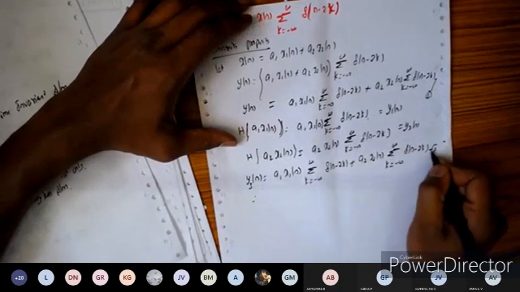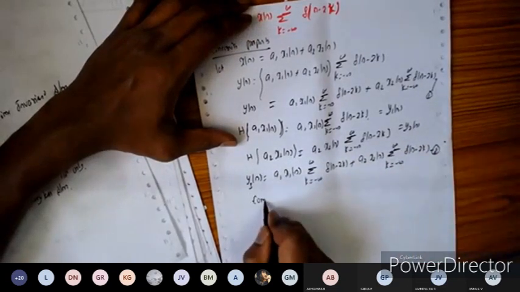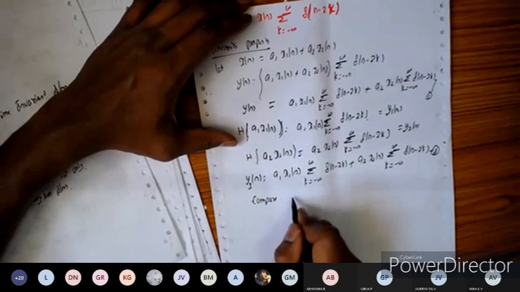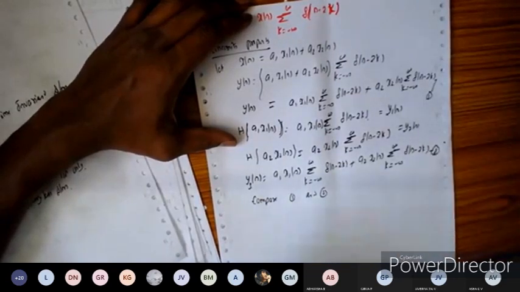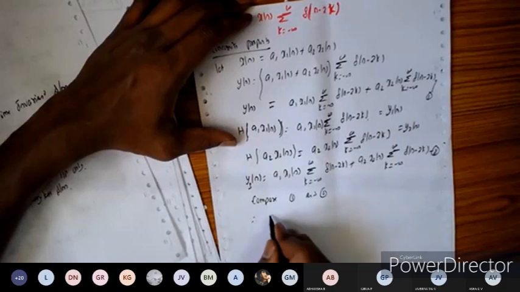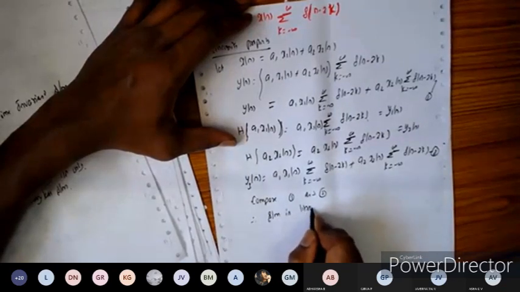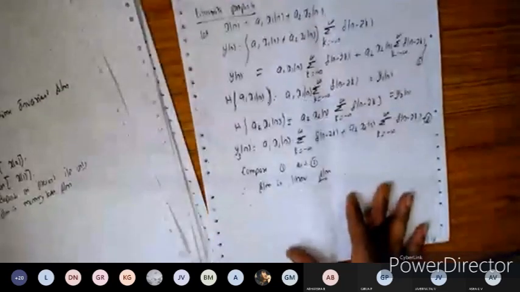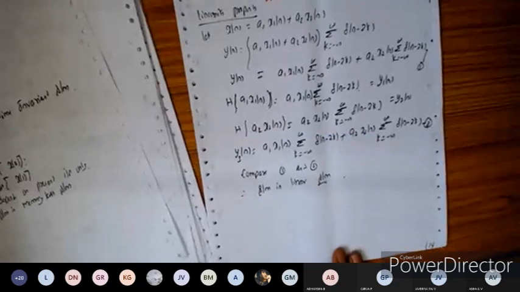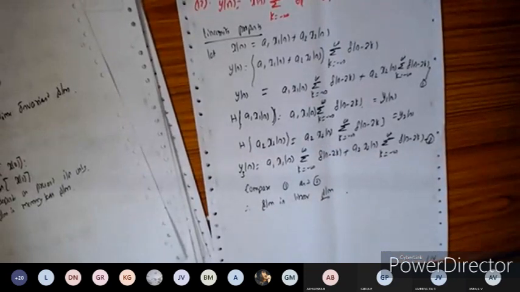Compare equation 1 and 2. If you compare, the given system is a linear system. Like this, we need to substitute a1 into x1 of n and all those things, and we'll get that.